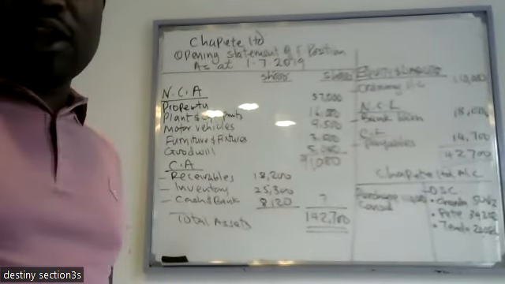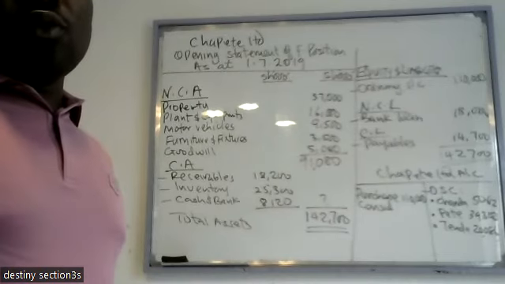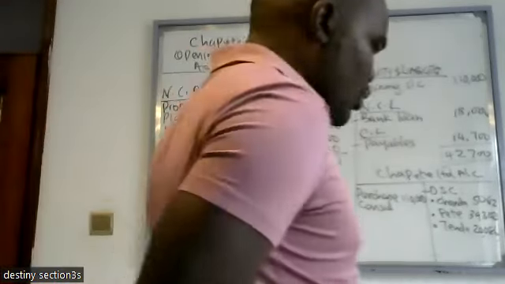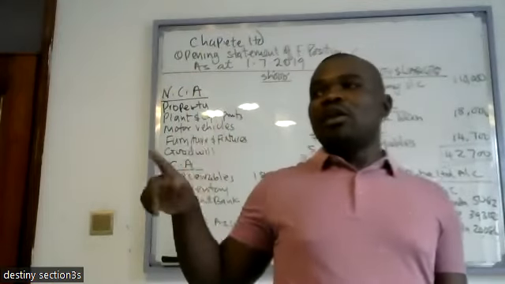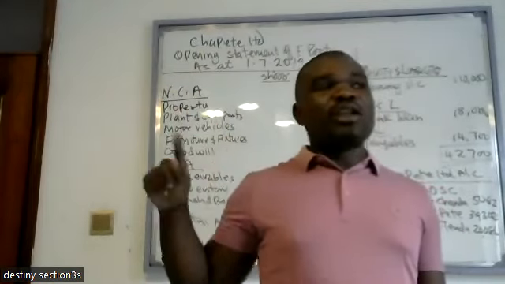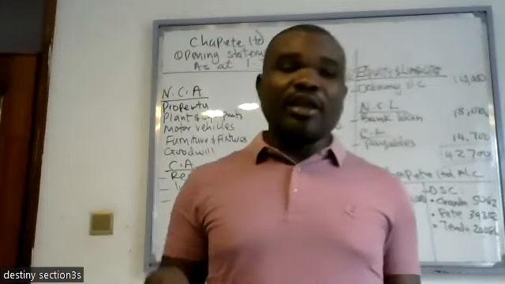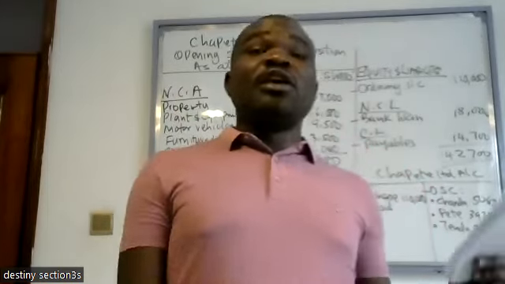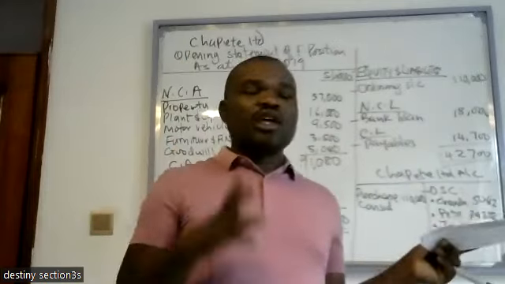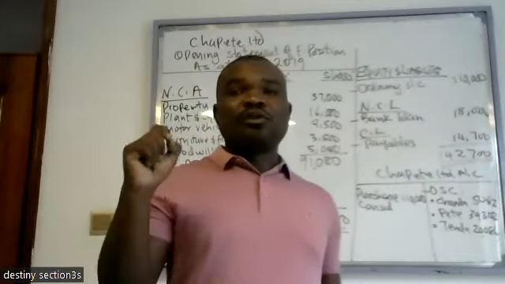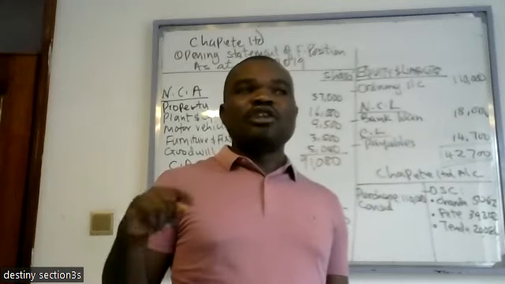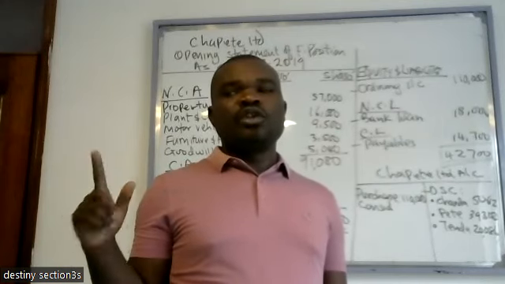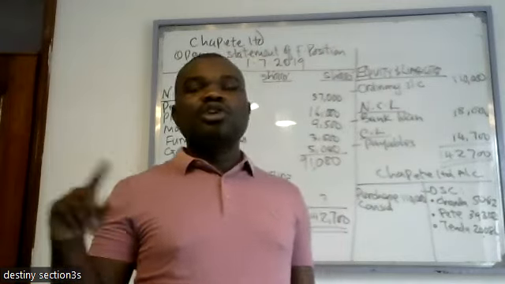Does this mean the balancing figure in the partners' capital account will always be ordinary share capital? A very good question. Yes, the answer is yes. In fact, there's a question we'll do somewhere where, as part of the required, you are told to determine the share capital to each partner.